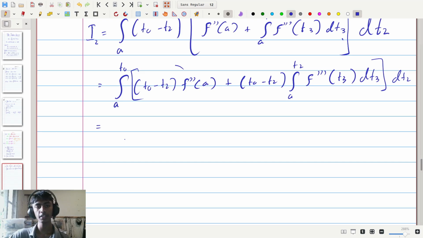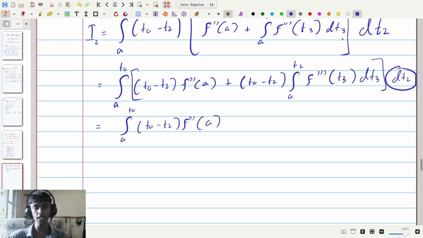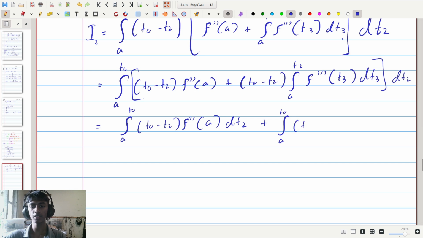Here we are going to break this first part out and write this as the integral from a to t0 of t0 minus t2 times f double prime of a dt2, plus this second part which is going to be the integral from a to t0 of t0 minus t2 times the integral from a to t2 of f triple prime t3 dt3 dt2.